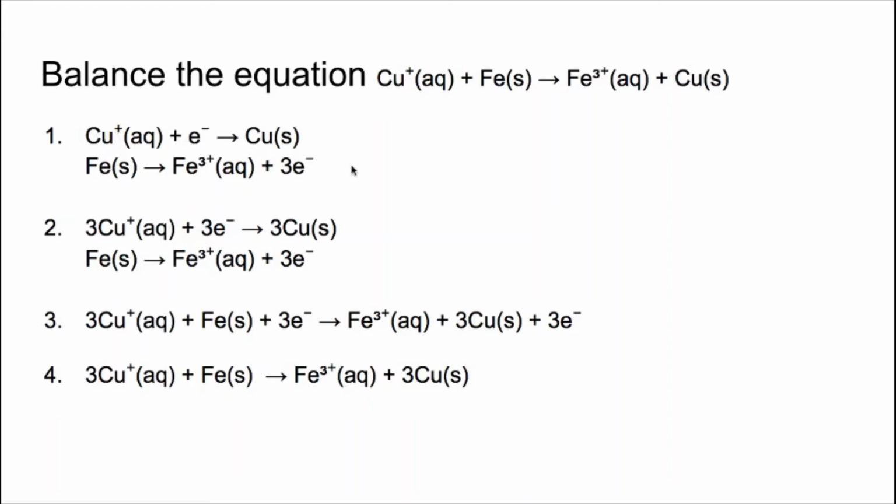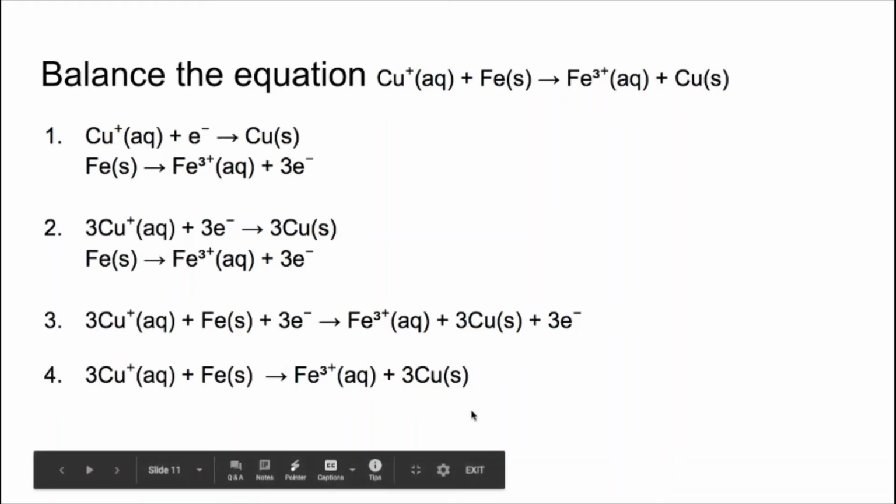Same with iron, you would need to add 3 electrons on the iron +3 side. Then you would multiply the copper reaction by 3 on both sides in order to match the number of electrons on both sides. Then you would add the two equations together and get rid of all the common terms. And that's the balanced redox reaction.